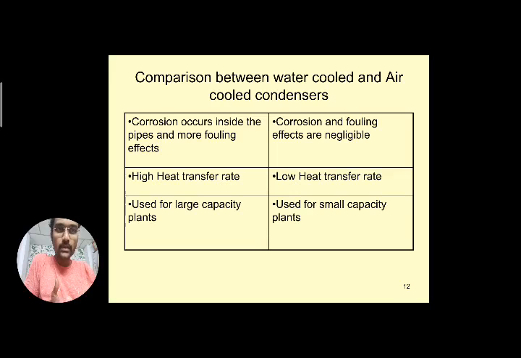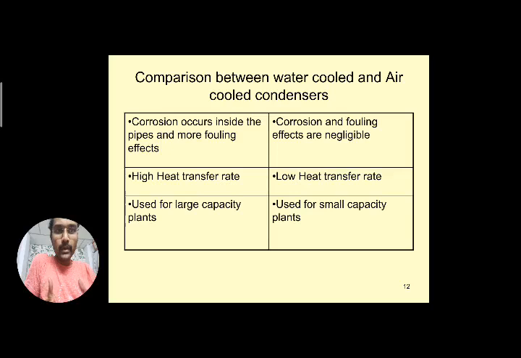Water will compulsorily give more corrosive effect to the materials. So costly or non-corroding materials have to be used, which increases the cost of the water cooled condenser. Whereas in air, some moisture content is present, but compared to the water cooled condenser, the corrosion and fouling effects are negligible.